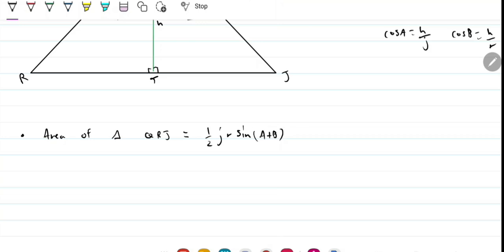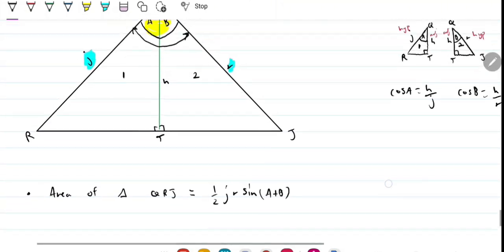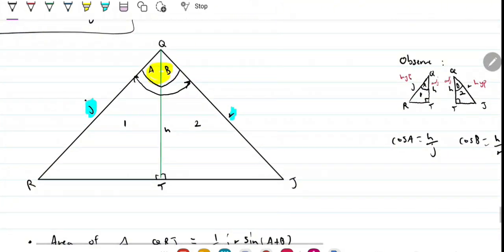Good. Now, there's another way to find the area of this big triangle. I can find the area of triangle 1 and add it to the area of triangle 2.